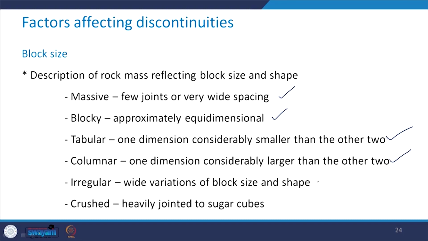Irregular means all sorts of variation of block size and shape is there. Crushed means heavily jointed rocks, like sugar cubes.